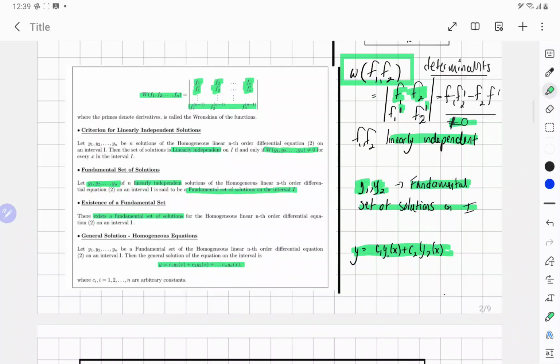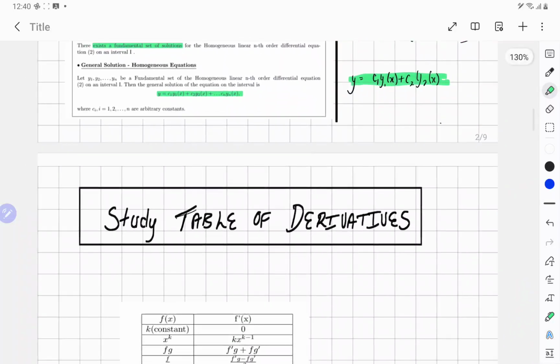Now you can see that when we do a second order differential equation, we will need the first order derivatives for our Wronskian. If we have a third order, we'll need up to second order derivatives and so on.